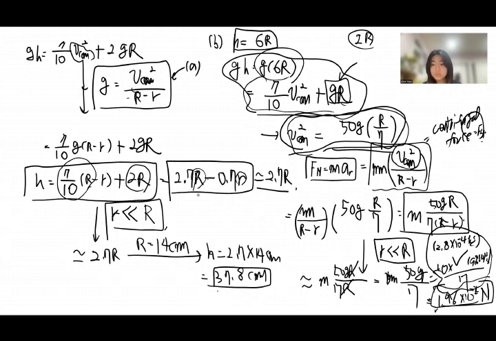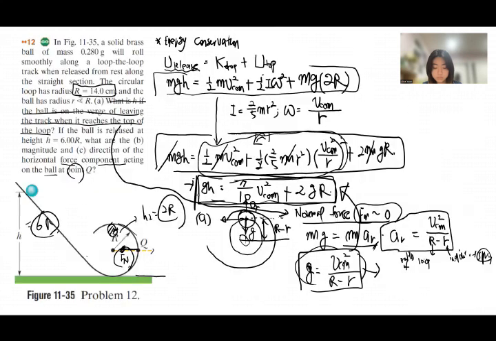Okay. And number C, as I said, the normal force is the only force created by the centrifugal force; it is the only source of this normal force. So when the ball is going around this point Q, the force pointing to the left-hand side is inward of this loop.